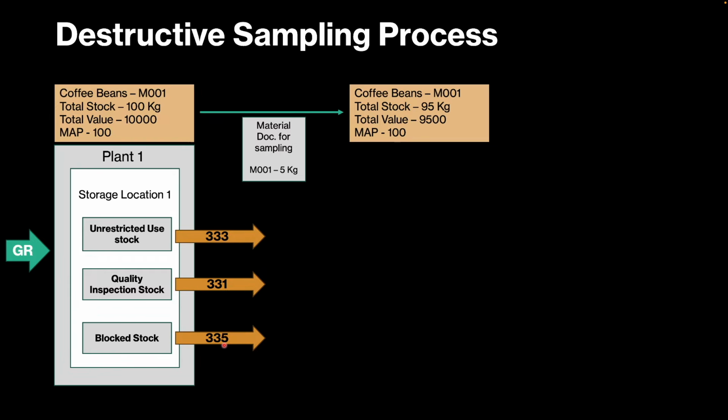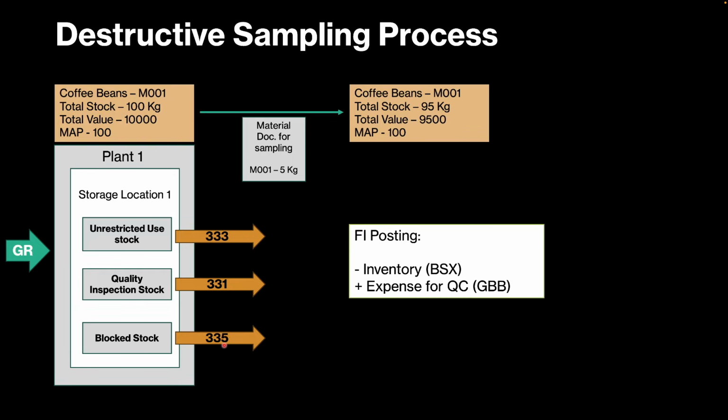Once you post these movement types, as I have told you, they work as a goods issue movement type, so a financial entry will get posted. What will that financial entry contain? It will have a credit entry against the inventory and a debit entry against expenses for quality control. So an expense account will get a debit entry against the inventory that you have issued.